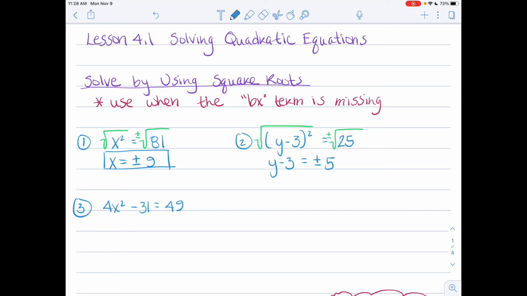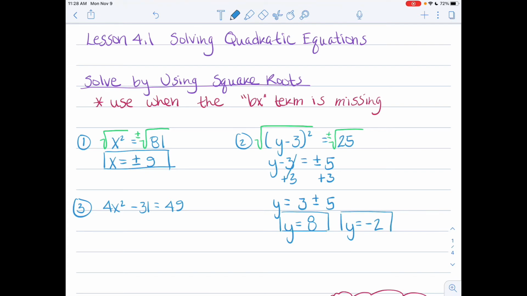I need to continue solving though because I haven't actually solved for y yet, which means that I need to add 3 to both sides. And so I need to take into account two possibilities, that y is equal to 3 plus or minus 5. So if I think of the positive case, I have 3 plus 5, or y is equal to 8. If I think of the negative case, I have 3 minus 5, or y is equal to negative 2.